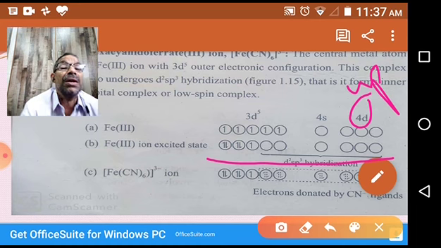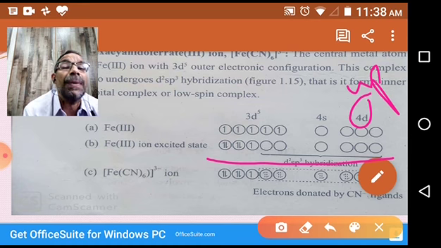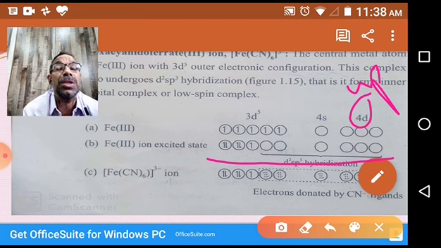So these vacant d2sp3 orbitals overlap with the filled orbitals of ligands. In this case, we have cyanide ligands, cyanido in the name. Due to this overlapping of filled orbitals of cyanide ligands and vacant d2sp3 orbitals of iron, 6 bonds form.